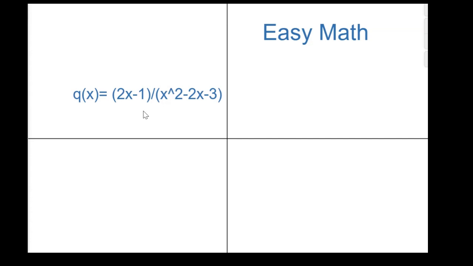If the numerator is changed, then the function is set with the parameter b: F(x) equals 2x minus b over x squared minus 2x minus 3. And we check the denominator. If we set the denominator equal to 0, we have two VA. First one is x equals negative 1. Second one, x equals 3.